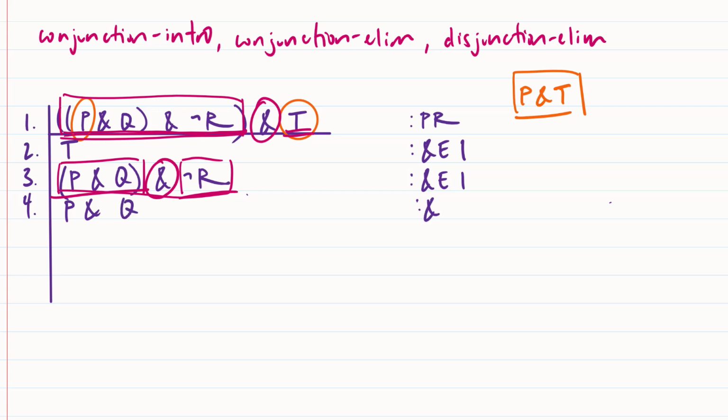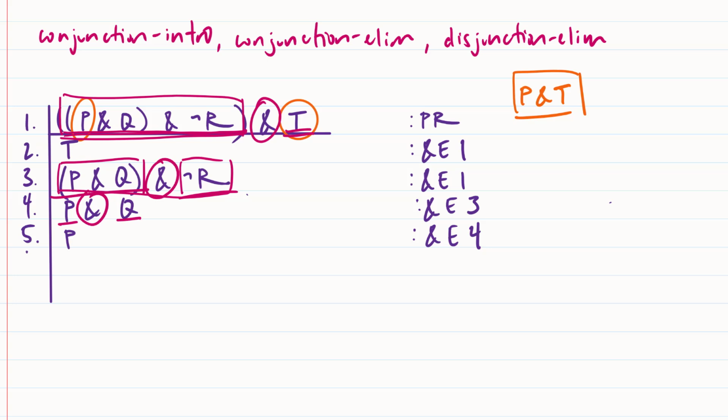So that's going to be conjunction elim, line 3. Now on line 4, this ampersand obviously is the main connective, and so we can put either P or Q on line 5. We want P, so we'll put that there, and elim 4.